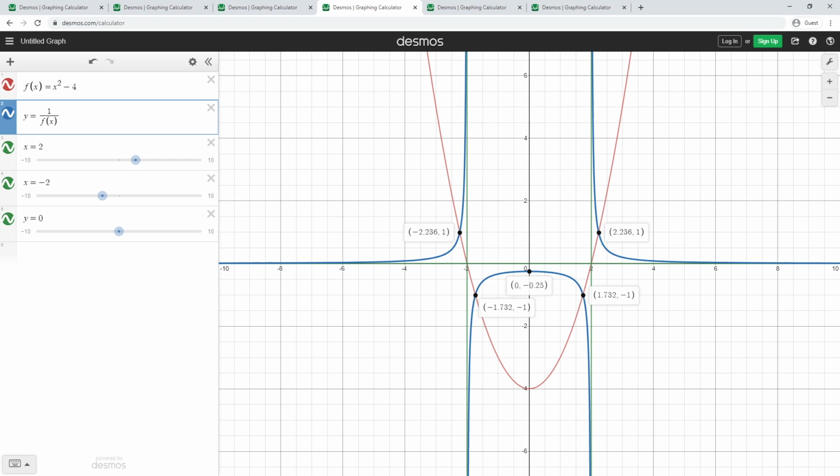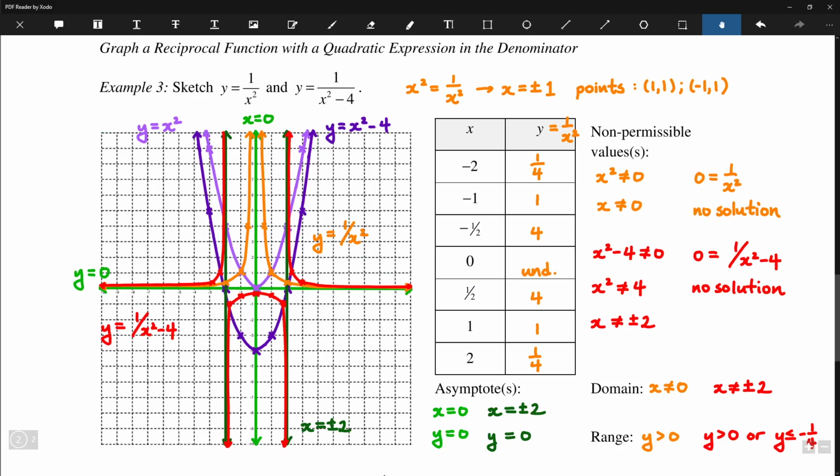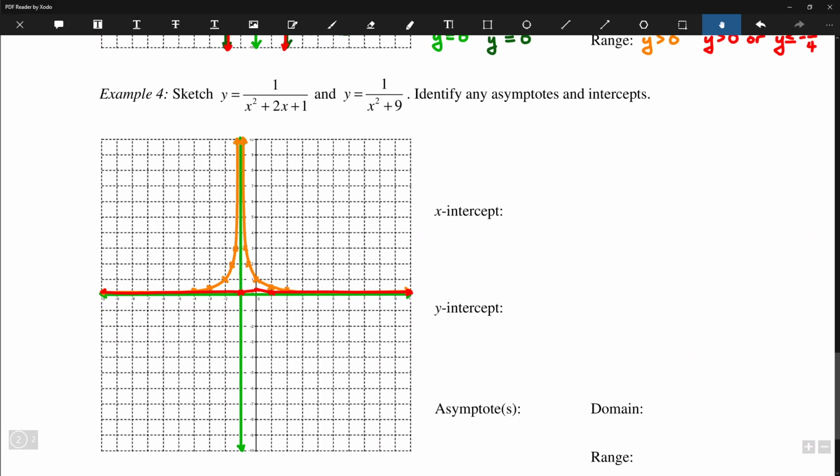Alrighty, so back to the notes. We have 2 more: y equals 1 over x squared plus 2x plus 1, and also y equals 1 over x squared plus 9.